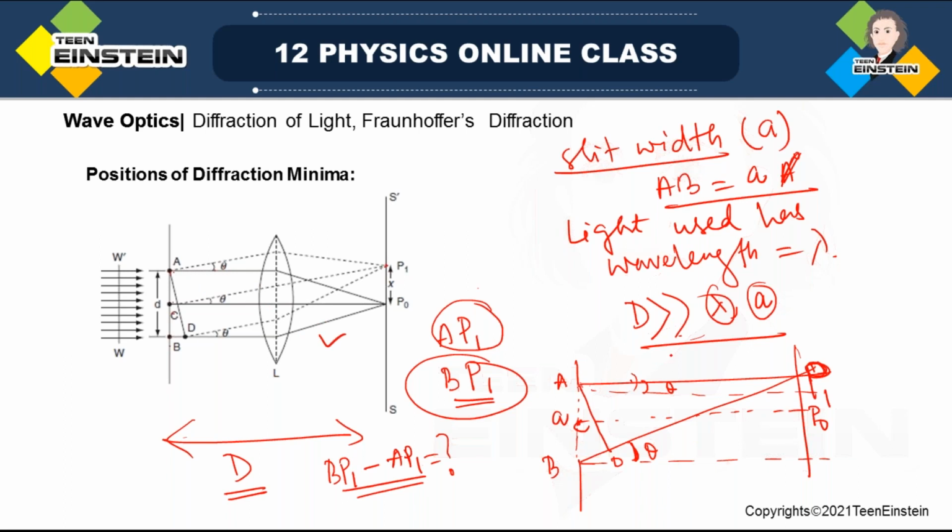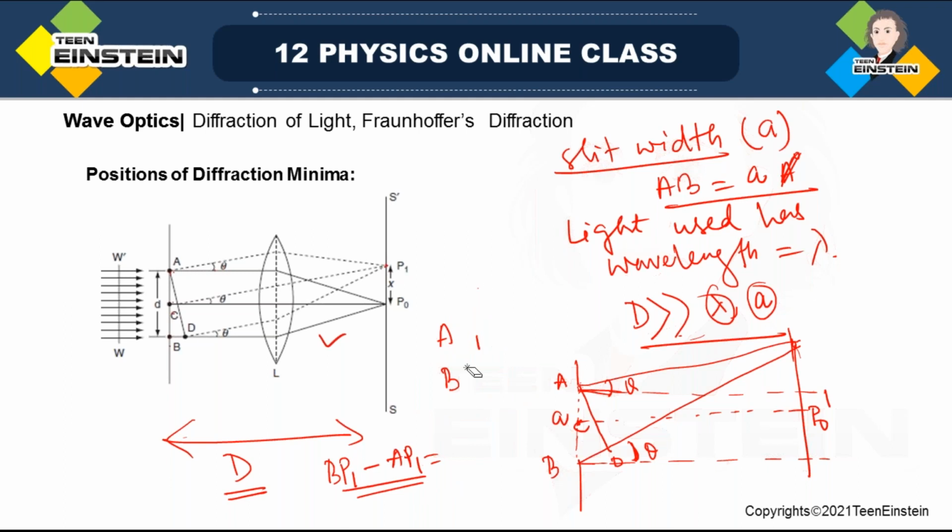Let us draw it again. This is also theta, and this is also theta, this particular angle. So we have to find BP minus AP, which is nothing but BD.